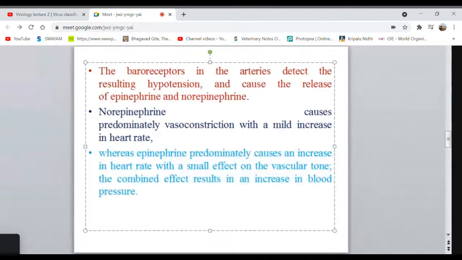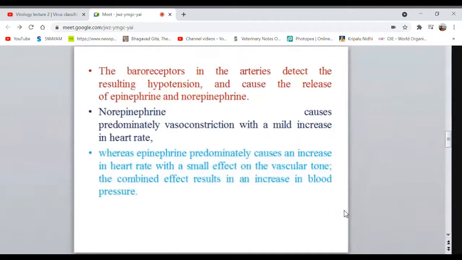Further, the epinephrine predominantly causes an increase in the heart rate and also has a small effect on the vascular tone. Combined, both these effects result in the increase in the blood pressure. This is all about the compensatory phase of the shock.